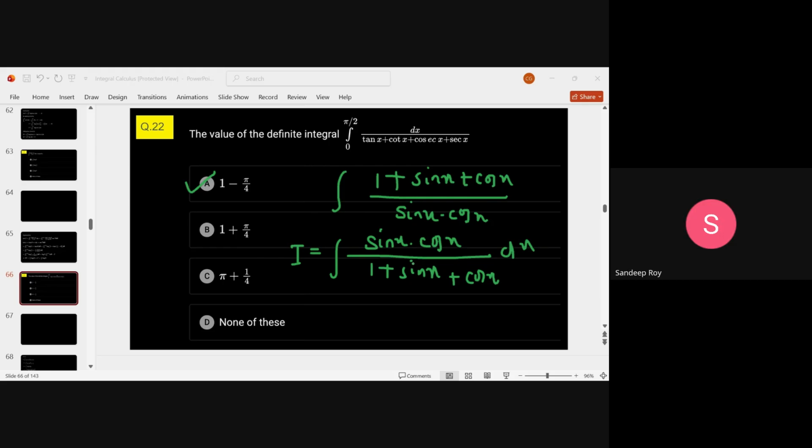Then what is the answer? Which one is the answer from the options? Is it option A coming or something else? Just let me know. Simplify further from there.